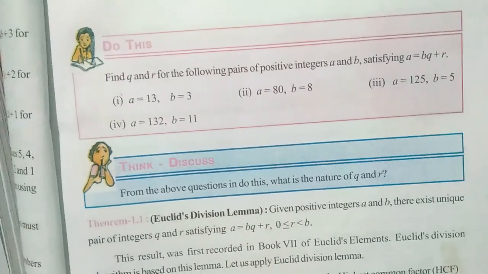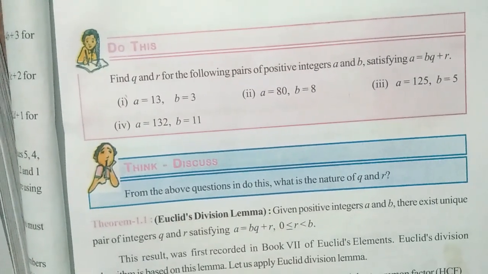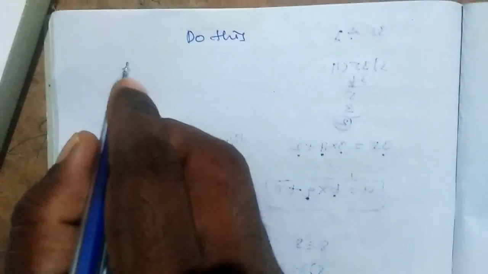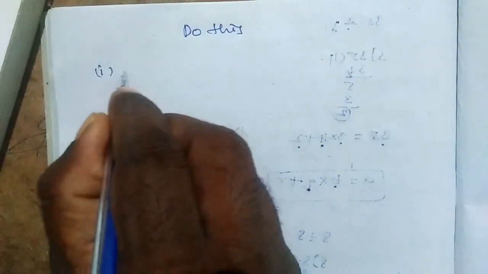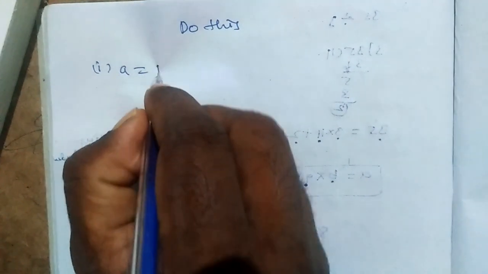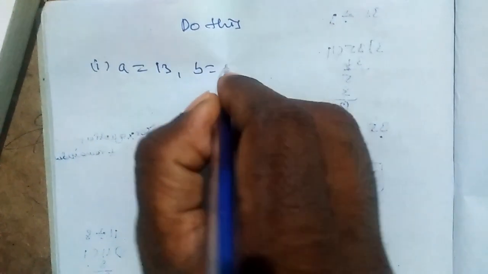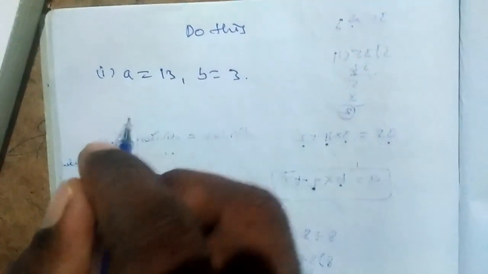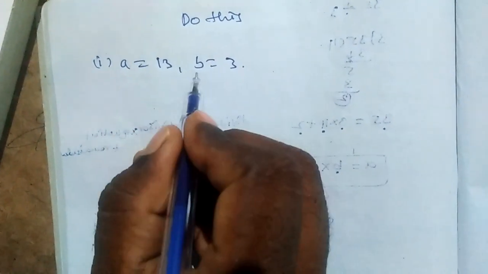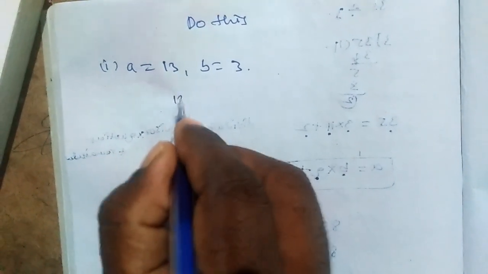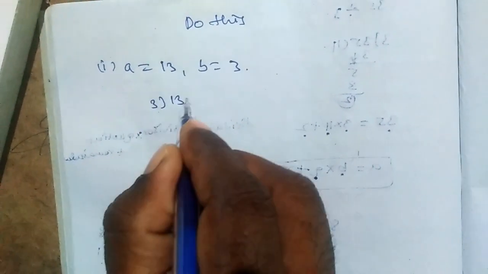Here a is the dividend, b is the divisor. So 13 should be divided by 3.